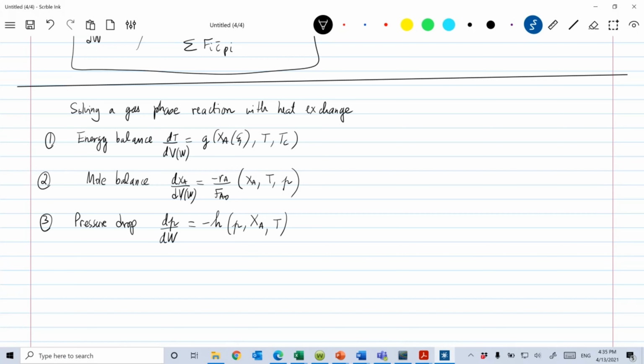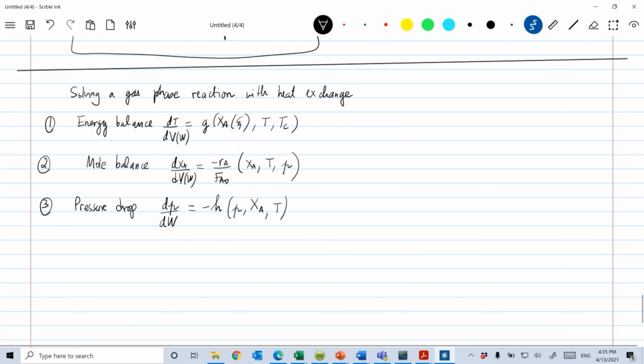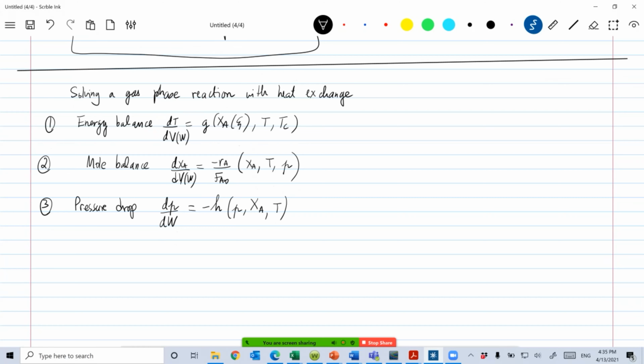So XA and temperature. And then, yep. That lowercase p, that's just P over P naught, right? That's just P over P naught, exactly. Okay, yeah, thank you. And then you have a fourth differential equation, which is your heat exchanger.